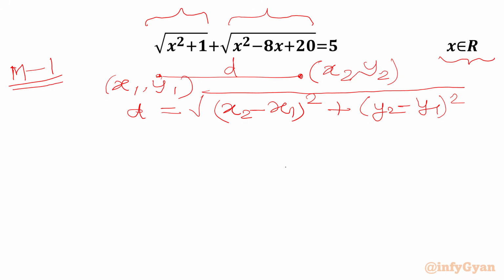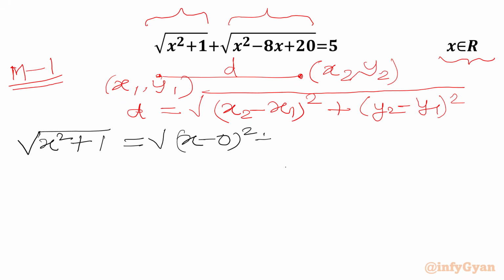So if I write the first square root as per our equation, square root x square plus 1, which we can write as square root x minus 0 whole square plus 0 minus 1 whole square.